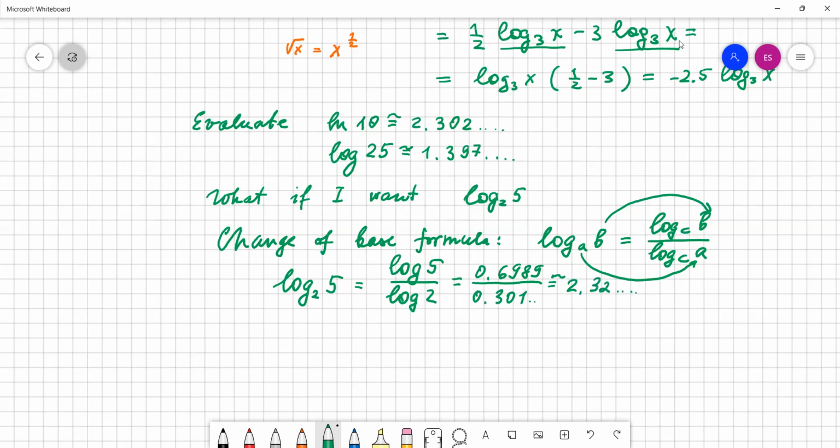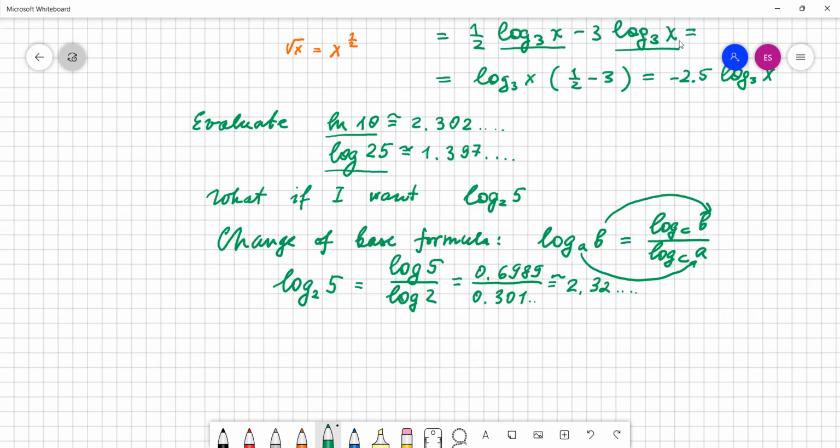So you see, if your calculator does not have directly the base, like an arbitrary base like 2 or 15 or whatever, then you can use a standard base, which is usually either ln or log, or both of them, which usually are represented in your calculator.